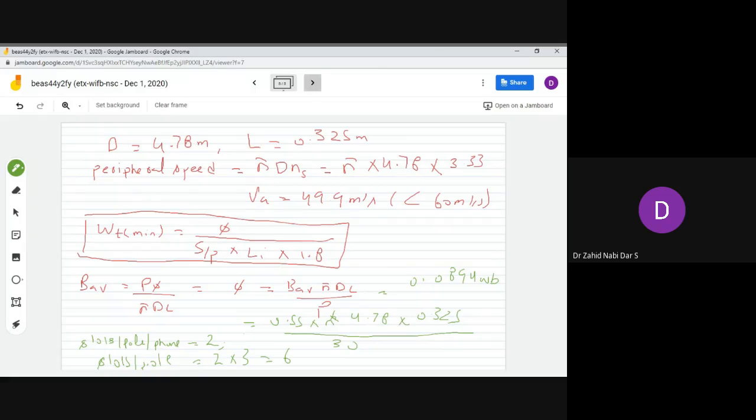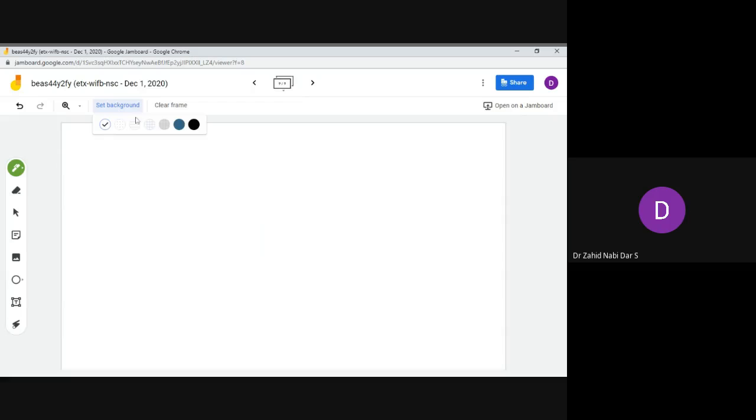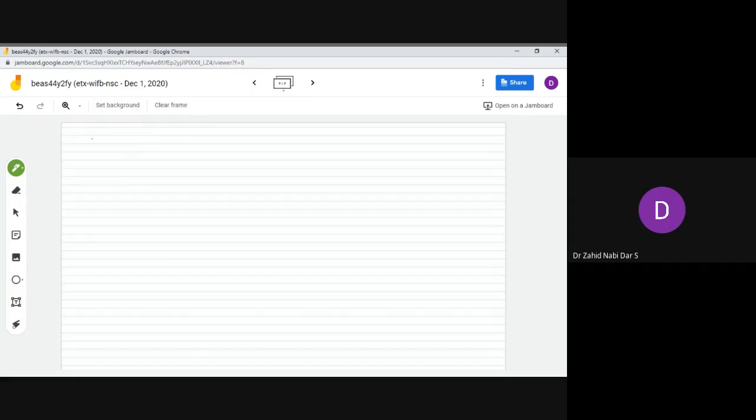Now, just like in induction machines, you have to calculate the slot pitch. Slot pitch is basically Ys, that is pi D by Ss, where Ss is the total number of stator slots.